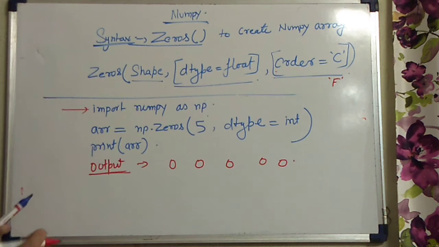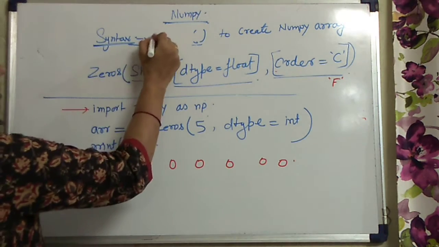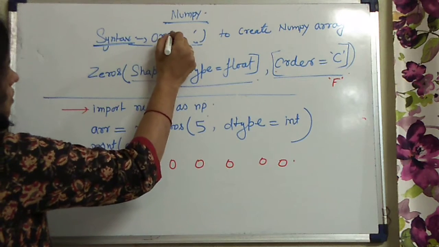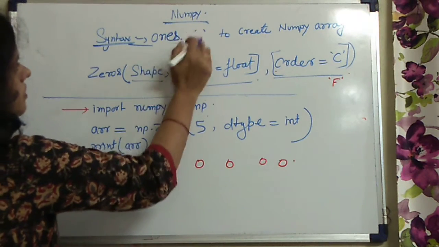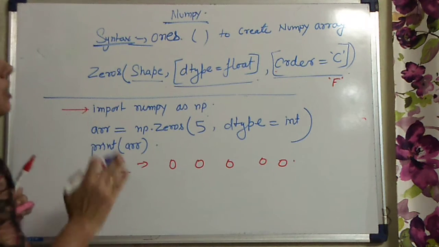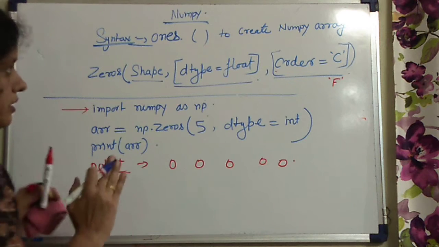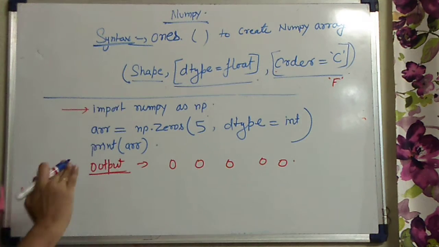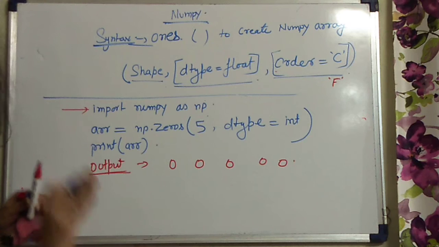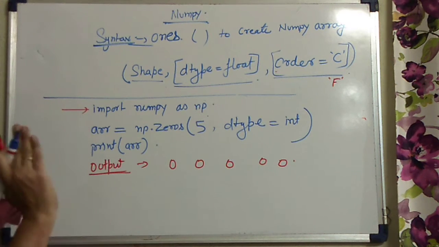Now let us see how we can create an array with ones. The ones function: just write ones here. The difference will be what? Unlike the zeros function, the ones function will create the array with the default value 1. The array created using the ones function will hold the default value, and all the elements will be 1.